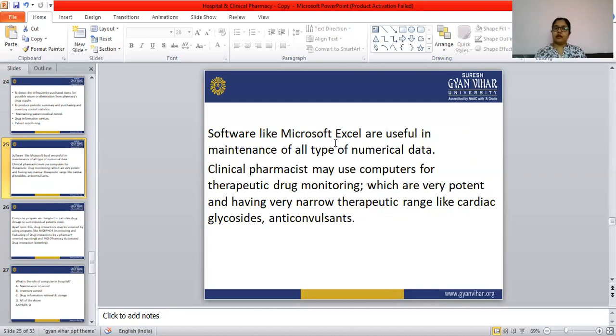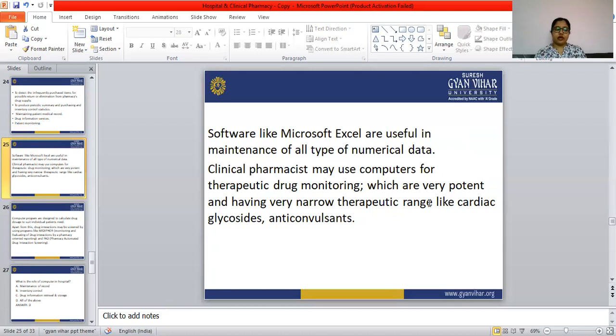So with the help of Microsoft Excel, we can maintain all the numerical data in the software. And the clinical pharmacist can use the computer for lots of work; almost all the work in the pharmacy is done with the help of the computer only.